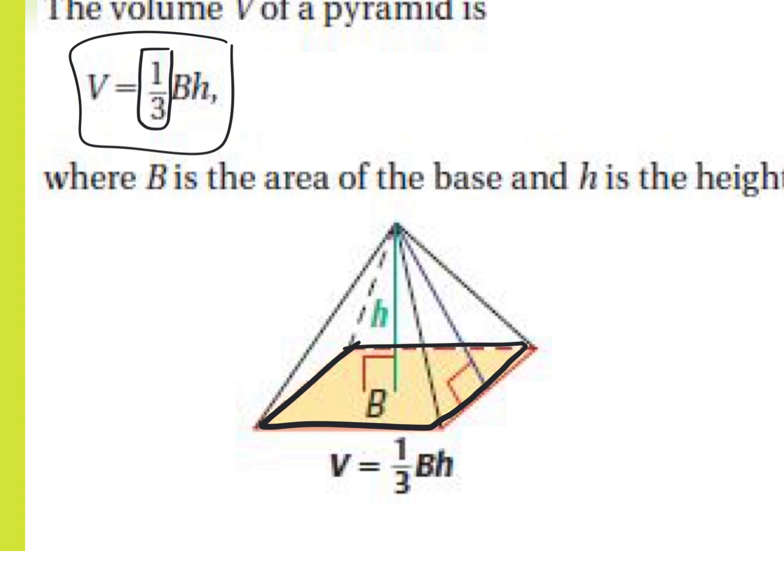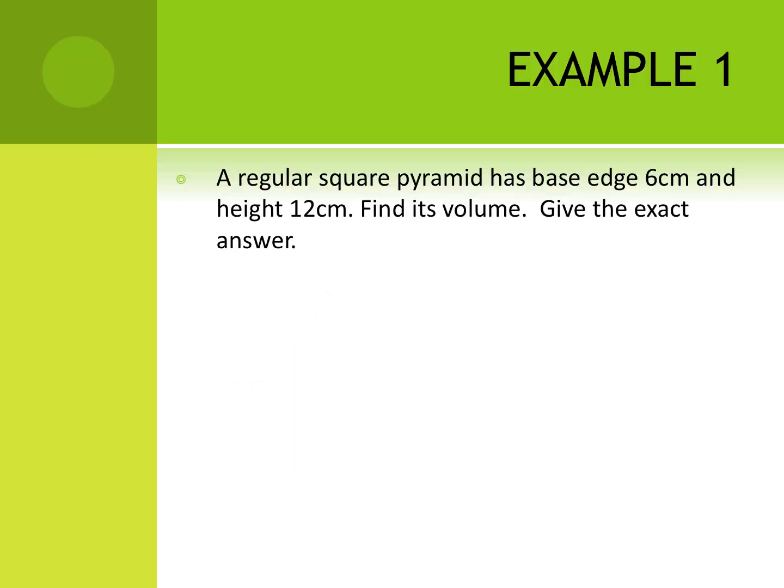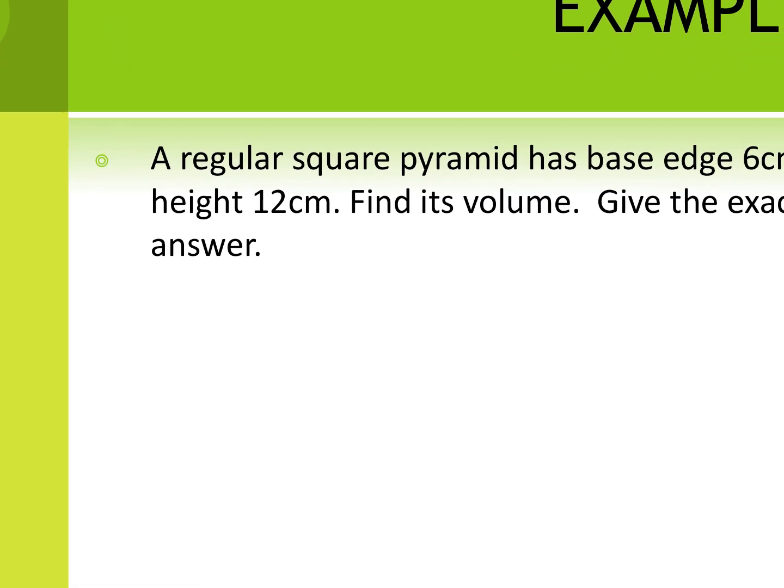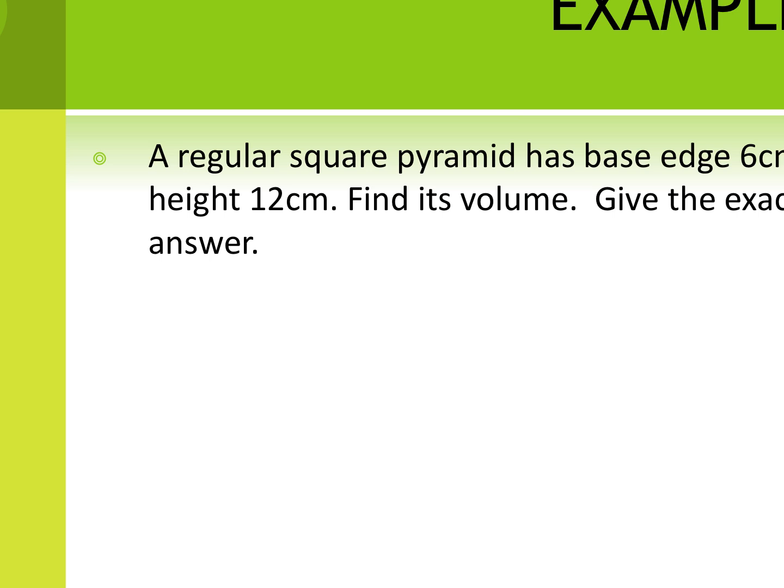All right, let's do some examples. A regular square pyramid has a base edge of 6 centimeters and a height of 12 centimeters. Find its volume and give the exact answer. All right, so let's do it. We've got a regular square pyramid. So what shape is my base? A square.